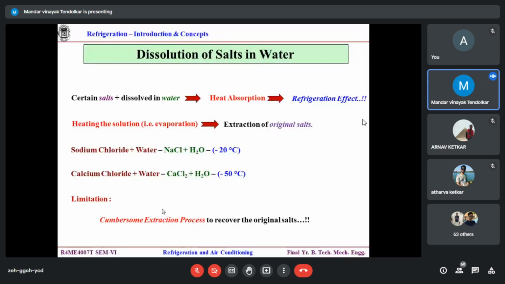Okay. Now, let's say the solution is now cooled down and you heat the solution, then finally you get that original salt retrieved back. So this is a tedious process: initially you add it, maybe some stirrer is required, stirring action, extra work, because of that it would be a homogeneous mixture, and then heat absorption.